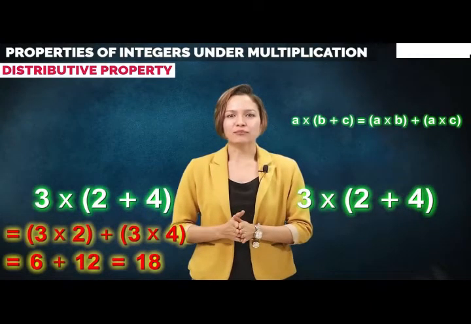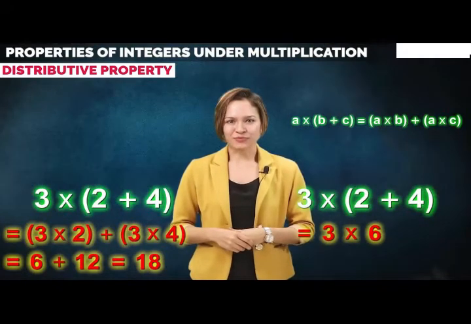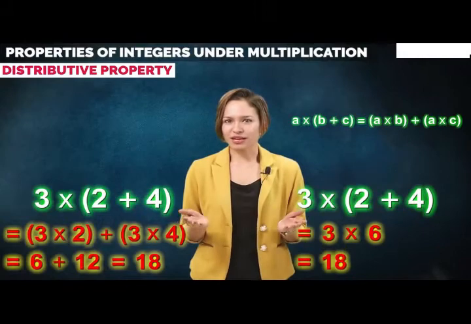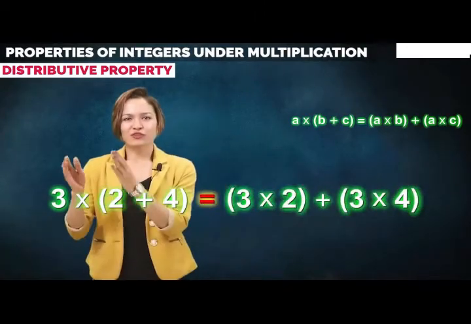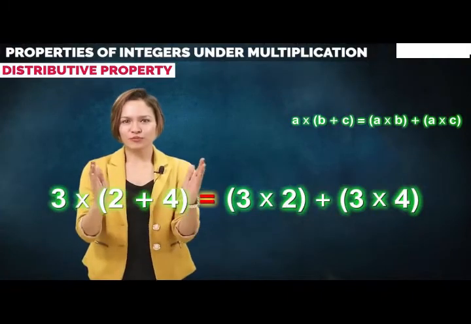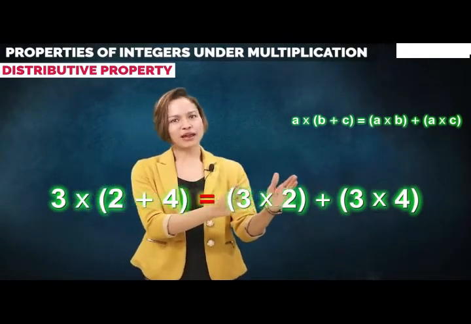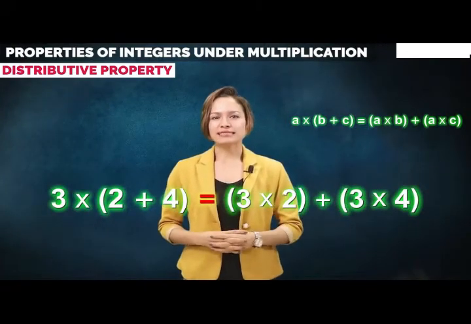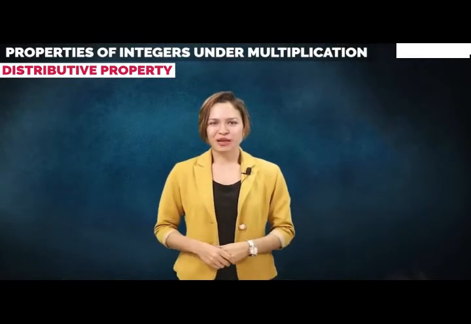We first add the numbers inside the bracket, which comes out to be 6. Now, multiplying by 3 gives us the same result, that is 18. Thus, 3 multiplied by 2 plus 4 is the same as 3 multiplied by 2 plus 3 multiplied by 4. So, this is the distributive property of integers under multiplication.